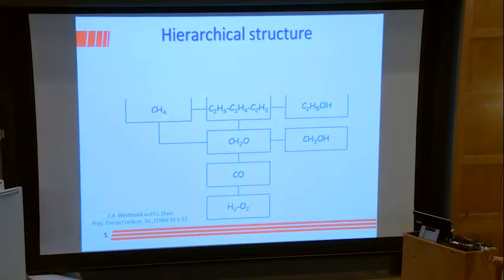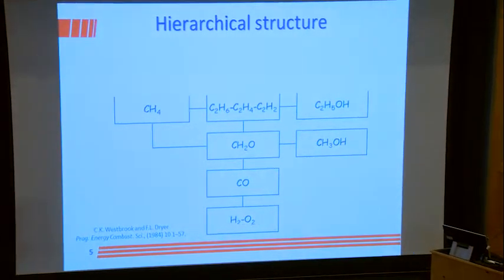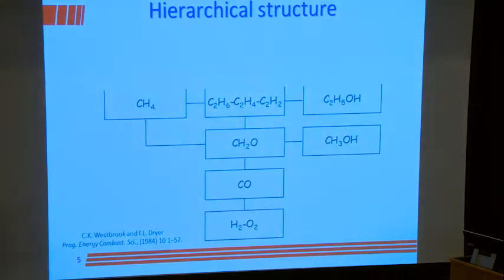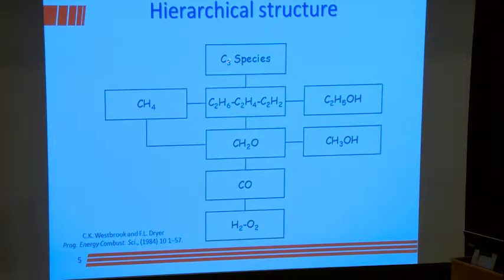And then we have methane, which is closely associated with ethane, and then ethylene and acetylene, and then ethanol. And then above that, we have the C3, and then on up, C4, C5.